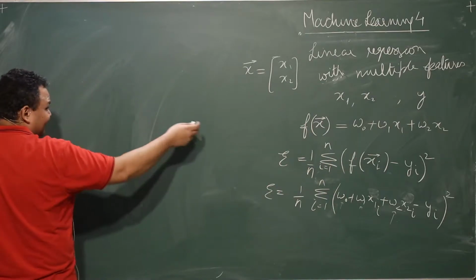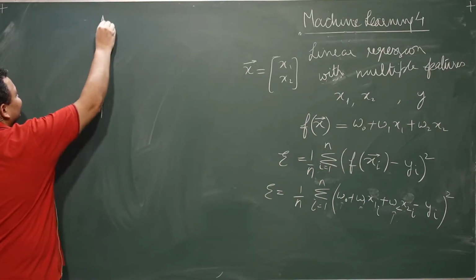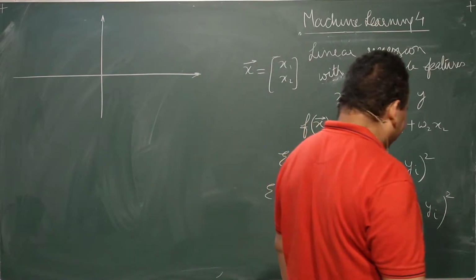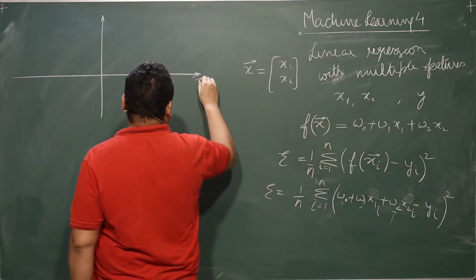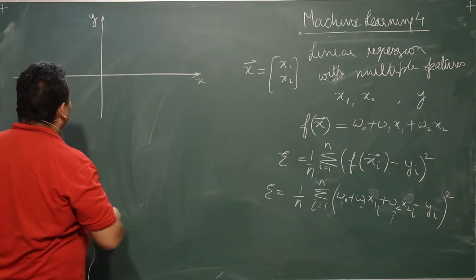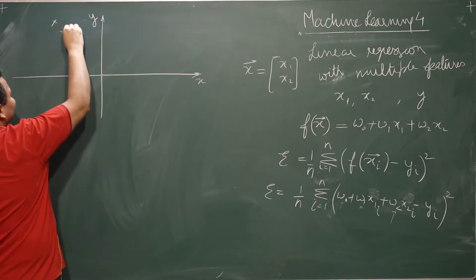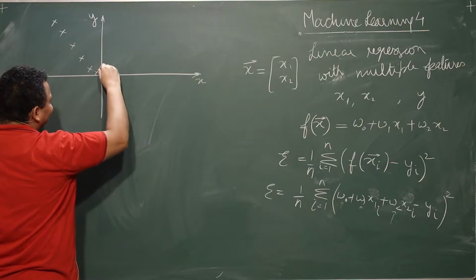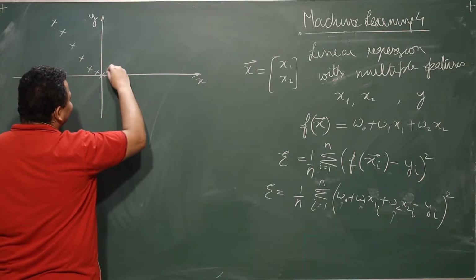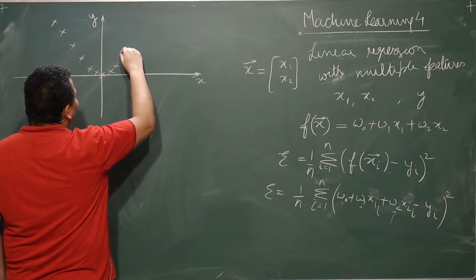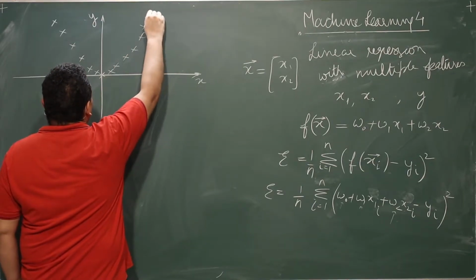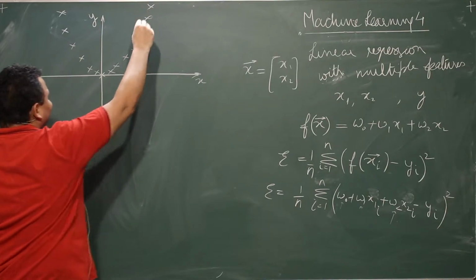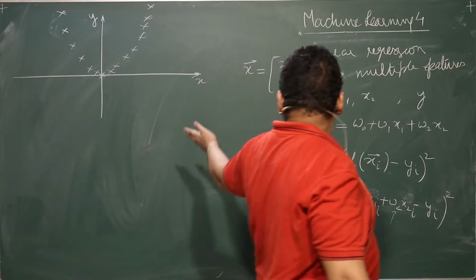Let me show you what my goal in introducing this particular thing was. Let us say you have a set of x and y, a single variable x and y, and my various observations look something like this.